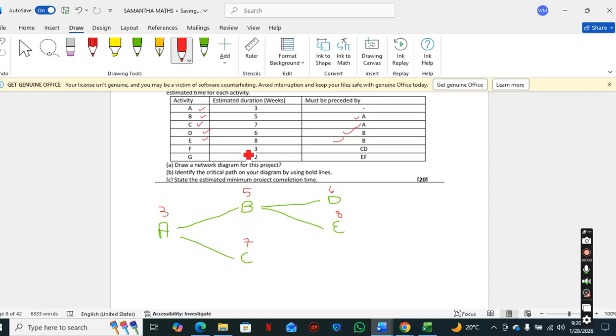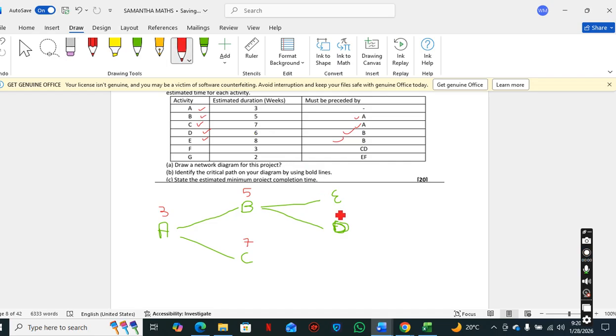Then we have activity F, 3 weeks, preceded by activity C and D. So that our project doesn't look weird and the lines don't look weird, where D is, I'll put E, and then here D, so that I can easily connect activity F to C and D. Activity D was how many? 6 weeks here.